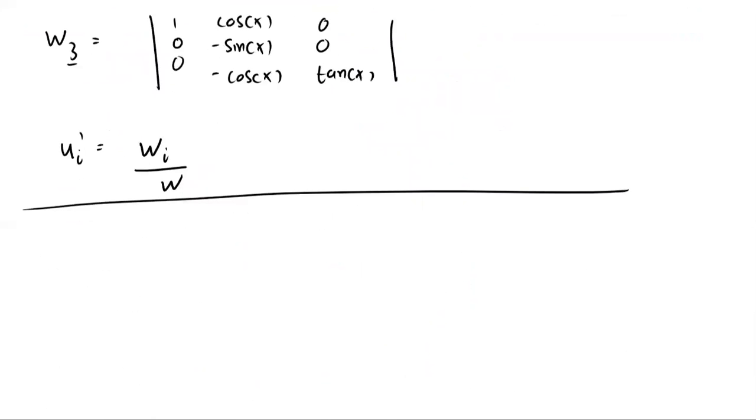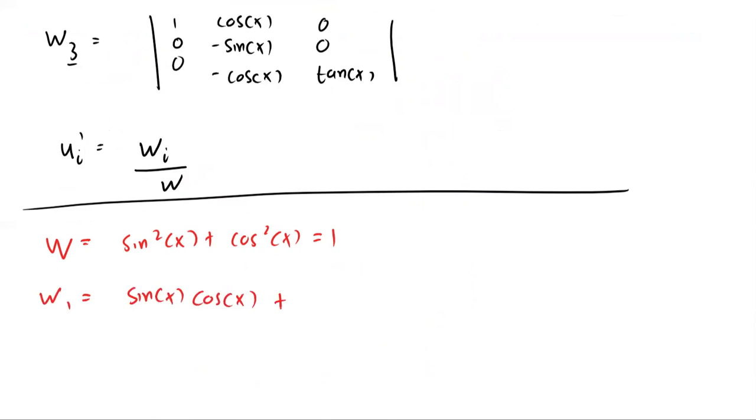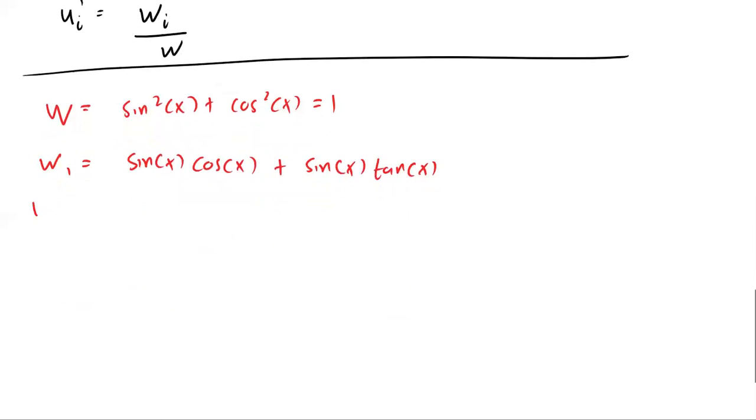First of all, we found that w, just the Wronskian of y1, y2, and y3, was sine squared plus cosine squared, which is equal to 1. W1 was sine x times cosine x plus sine x times tangent x. And then w2 and w3 were 0.